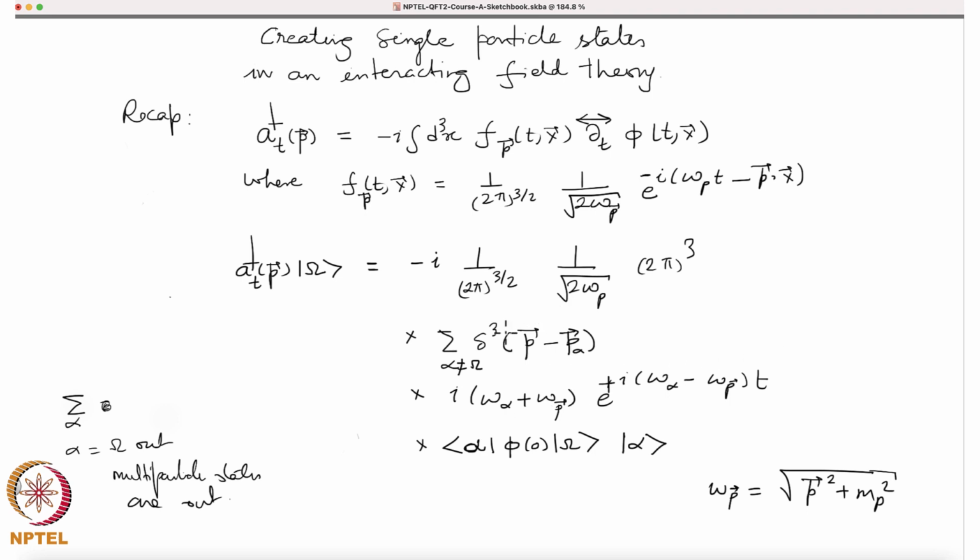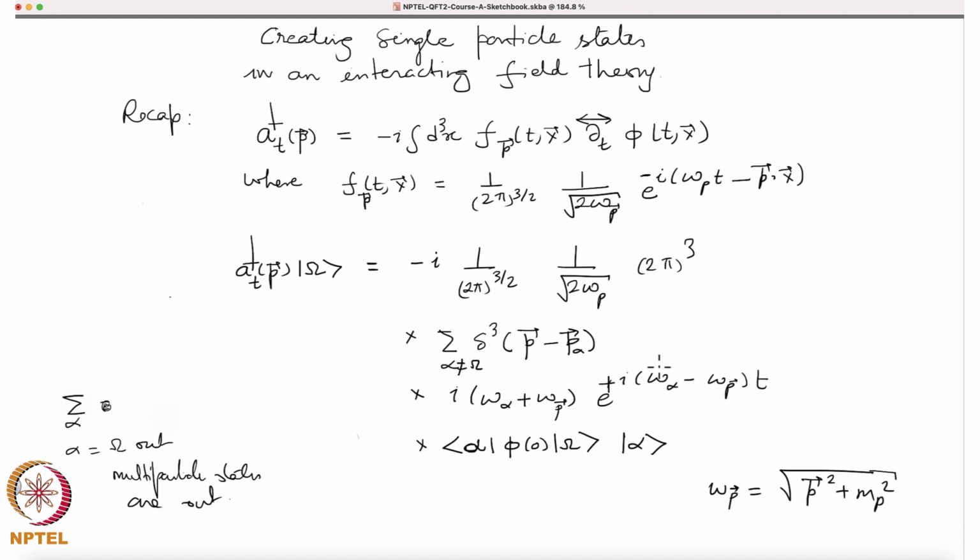So for a single particle state, omega alpha will be equal to omega p. Okay, why? Because alpha p alpha will be forced to p by this delta function. I mean, that was true earlier also. But earlier the energy of a multi-particle state was different from a single particle state. Actually, it was larger than a single particle state.